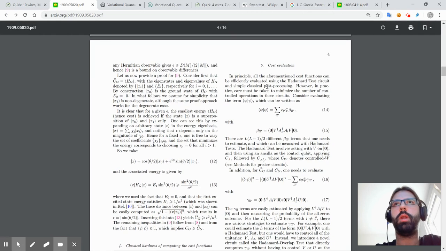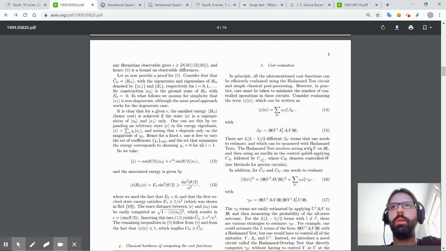Cost evaluation. In principle, all the aforementioned cost functions can be efficiently evaluated using the Hadamard test circuit and simple classical post-processing. However, in practice, care must be taken to minimize the number of controlled operations in these circuits. Consider evaluating the term, which can be written as these and these with this, meaning that there are different terms that one needs to estimate and which can be measured with the Hadamard tests.